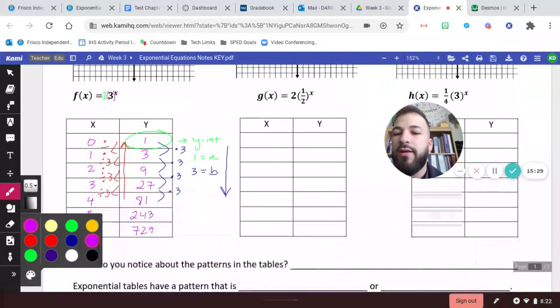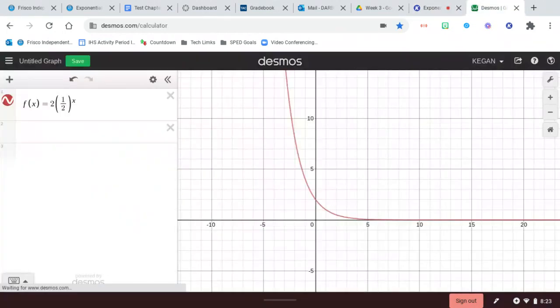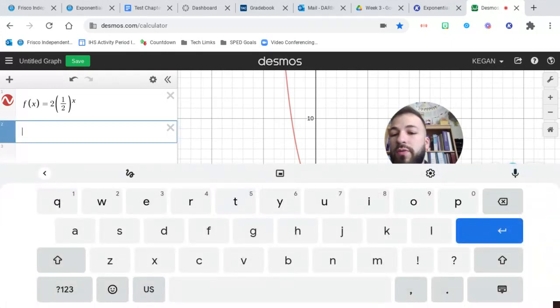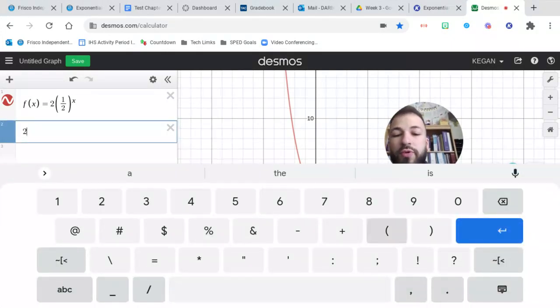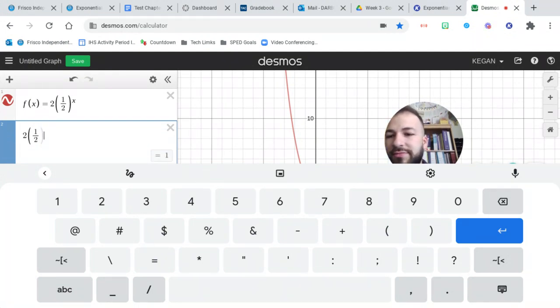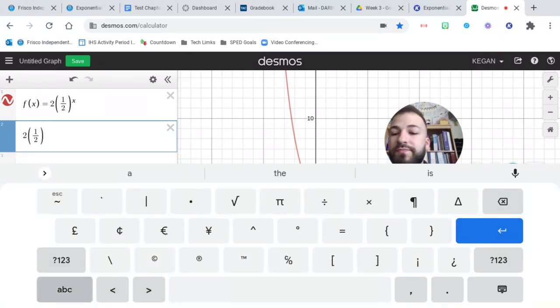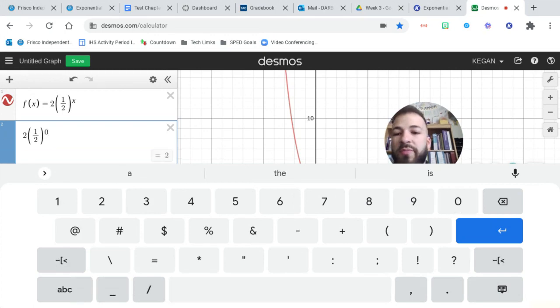We're going to find values of x, 0, 1, 2, 3, 4, 5, 6, and we're going to use those to find y values. So 2, parentheses, 1 divided by 2, close parentheses, raise it to the power of 0 would be our x value.